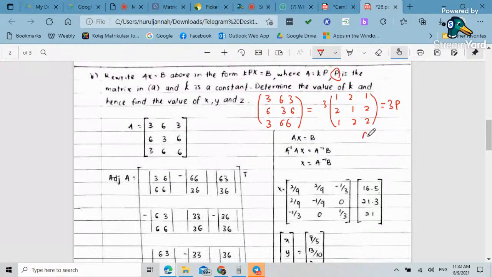So from AX equal to B, you can convert A into 3P. 3PX equal to B. Then you can compare, so your K here is actually 3.